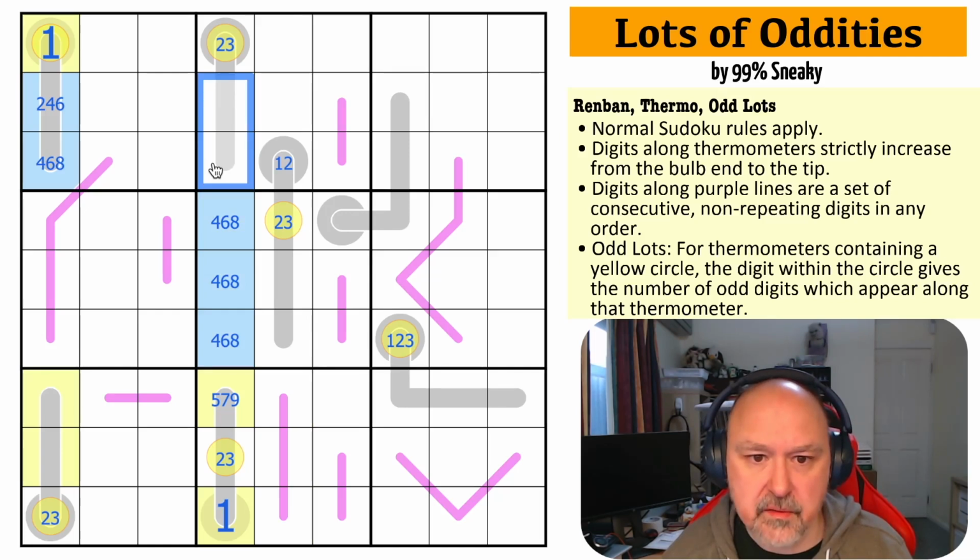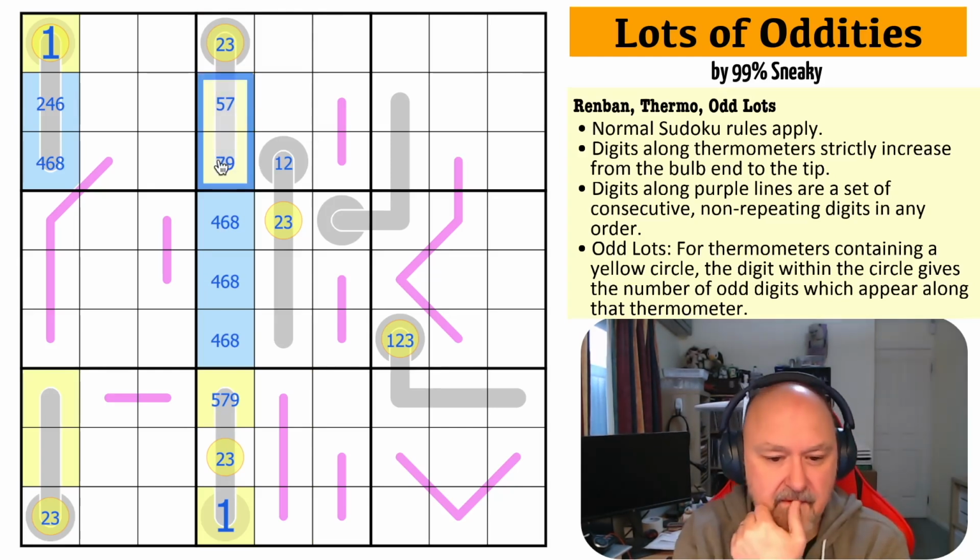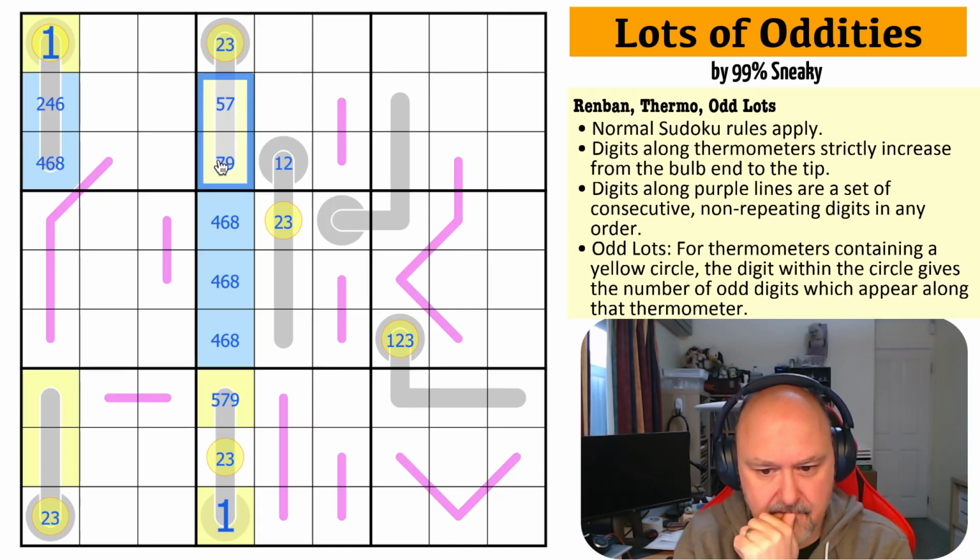These are odd. Those are both odd, because I've got all of the evens there. So these are from 5, 7, and 9. And that one can't be the 9, and that one can't be the 5. Oh, that's cool. I don't know what else I'm doing.